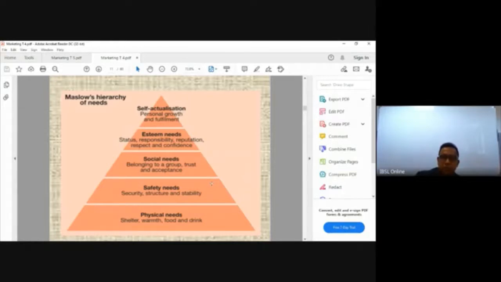We say to employees, okay, if you want to get to the next level and satisfy the next level of needs, you have to work hard, and based on your performance, you will be rewarded or upgraded to the next level. So then a person is motivated to work very hard and get into the next level.